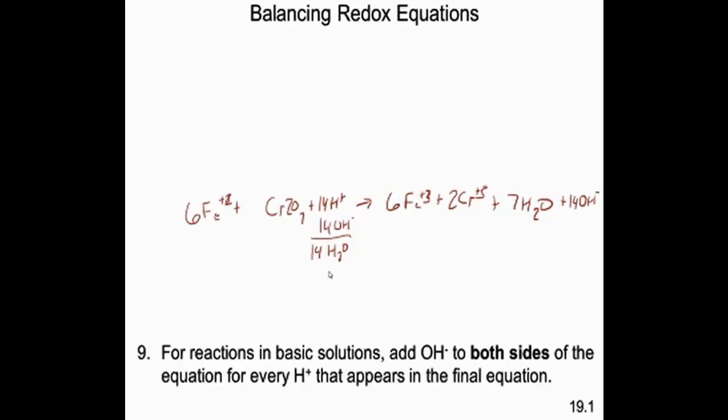And then we can also simplify our waters. So because we have 7 waters over here, we can actually reduce this, and we'd end up with 7 waters on our reactant side and 14 hydroxides on our product side. So notice this happens in base because we have OHs left over, as opposed to the first one which had H pluses left over. Alright, and that is it for balancing redox equations.